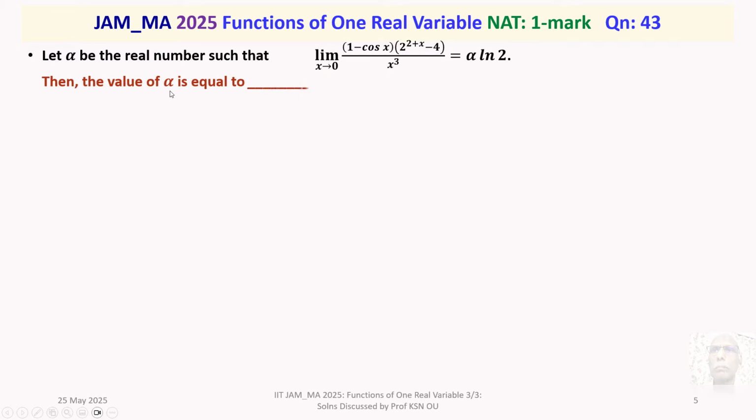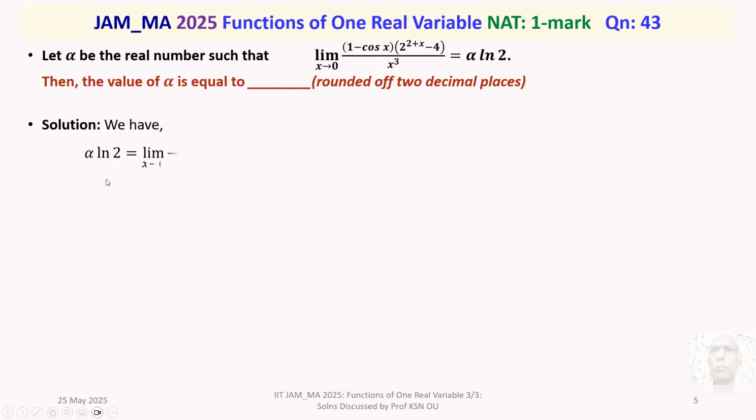Then the value of alpha is equal to dash, rounded off to 2 decimal places. Let's now discuss the solution of the problem in detail.